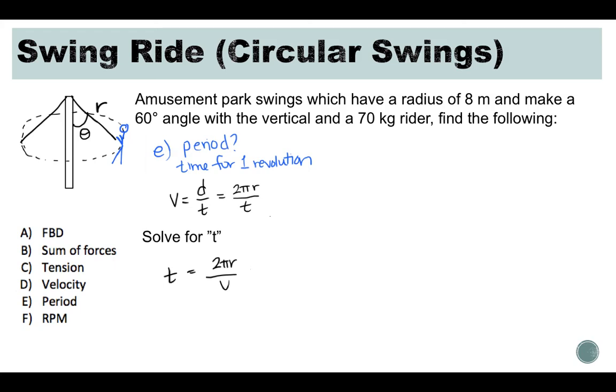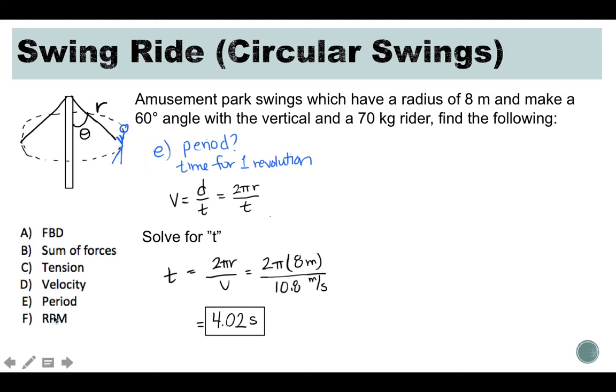And we use 2 pi r because that is the distance of one revolution, the distance for the person to go around the circle one full time, the circumference. Plug in our givens, 2 pi times the radius of 8, divided by 10.8 meters per second. And we get 4.02 seconds. So it takes the person 4.02 seconds to go around one time.